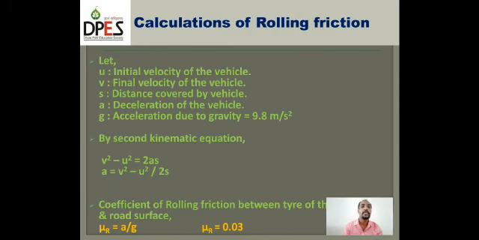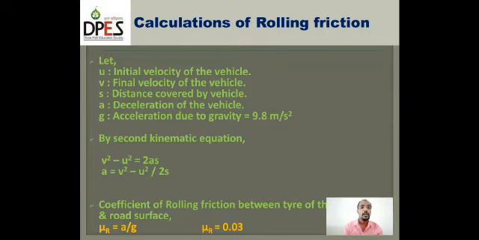By using the second kinematic equation, v square minus u square equals twice a s, where a is acceleration, or here deceleration, because the speed of the vehicle goes on decreasing. Keep acceleration on one side and shift the other terms to the other side, so you get the expression a equals v square minus u square upon twice s. Substitute the values and calculate, and you get the acceleration, or deceleration, of the bike.